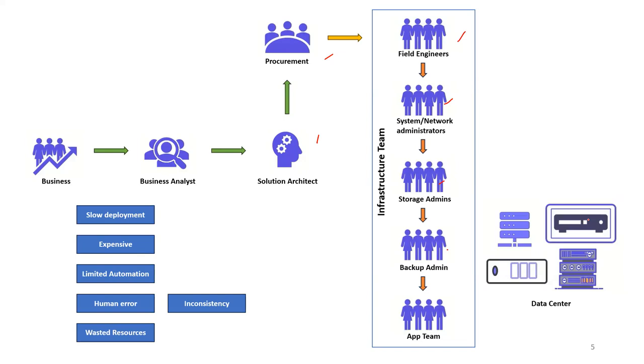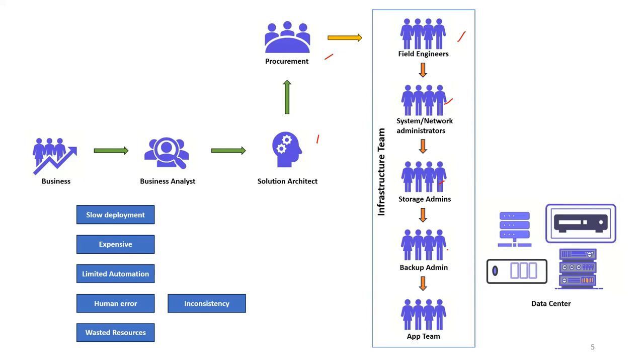That is the reason it is called wasted resources. So when you're working in a traditional working model, you will see all of these things, guys. It is a slow deployment model because the turnover time varies from weeks to months, and it is a very costly model because scaling up and down is costly, maintaining the model is costly, and deployment is also costly.